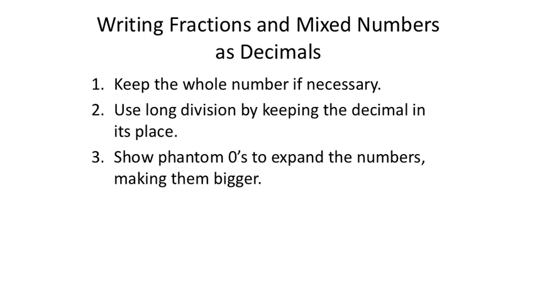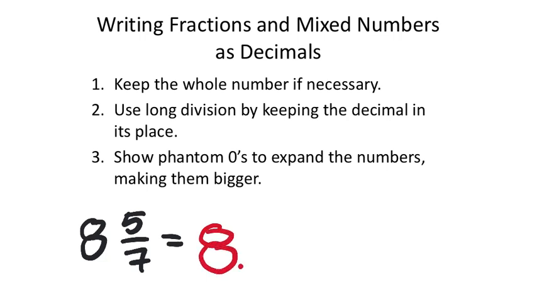So if you see that you have a mixed number, whatever the whole value is, you just keep it there, okay? So if you see a mixed number like, I don't know, we'll say 8 and 5/7, automatically, just on this first step right here, you'd make it 8 point something because of the 8 whole value right there, okay?